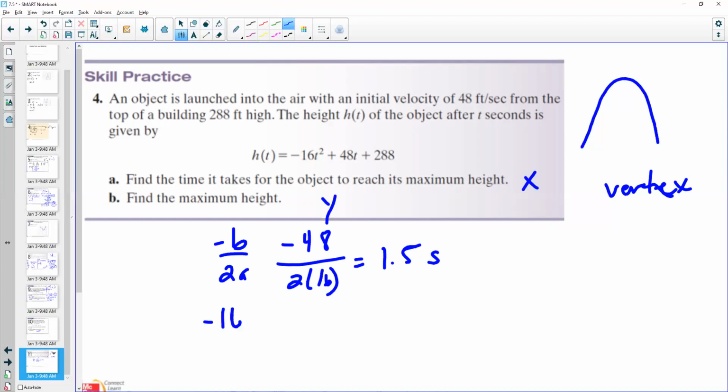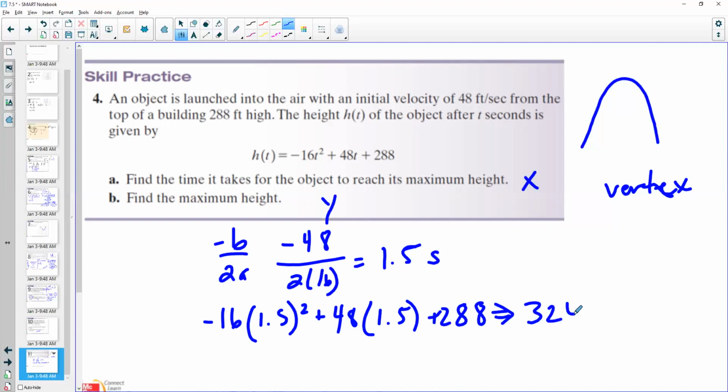So I'm going to do negative 16 times 1.5 squared plus 48 times 1.5 plus 288. You have a calculator, you should use it. And then I'm going to get, let's see, 324. So that's the height at that time. Feet, right? Yeah, that's it.